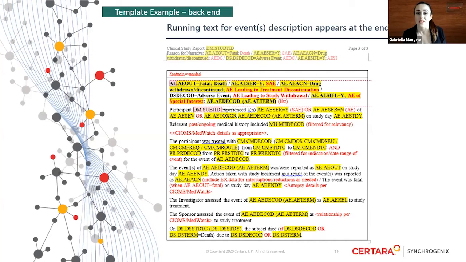So even depending on the criteria and the need to pull in supplemental information, you could pretty much fully program a narrative template where there would be no need to go in and make any manual edits at all. And you wouldn't need to necessarily go in and verify all of the data points in each individual narrative, as long as you're ensuring that your mapping and your programming is accurate during the template development stage.